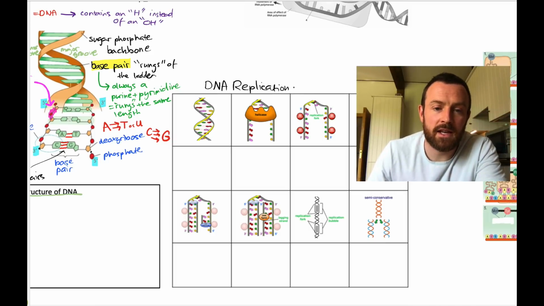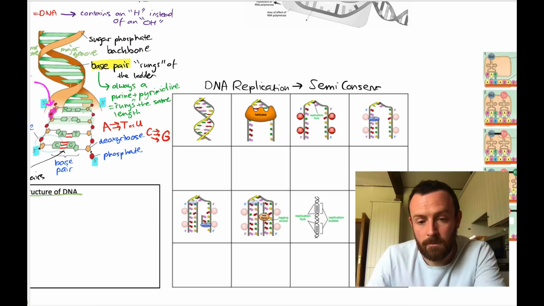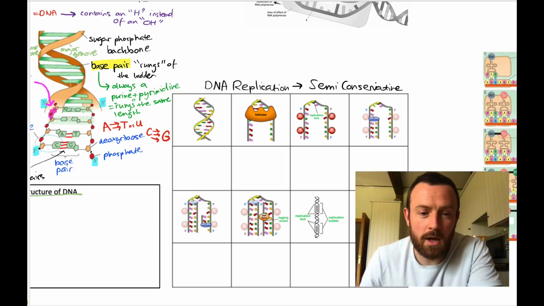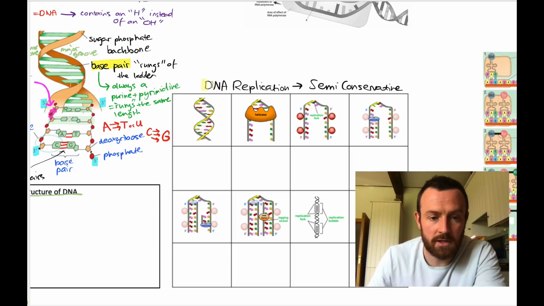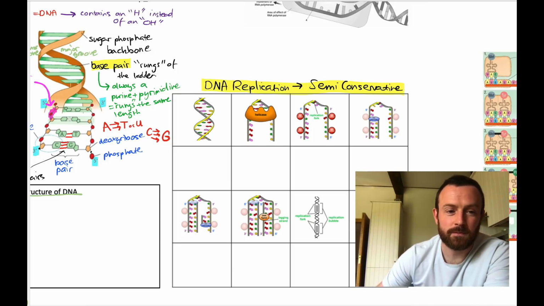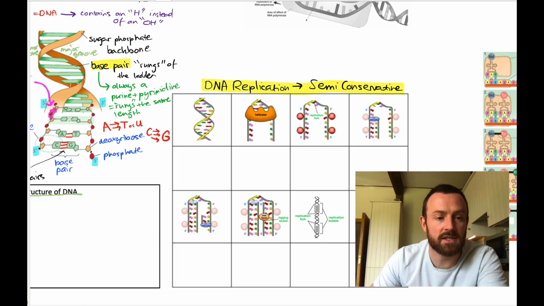Okay, and we say that DNA replication is semi-conservative. We'll see why that is later on. So let's just highlight this, nice and big. Okay, so DNA replication. So what are the steps of this process?